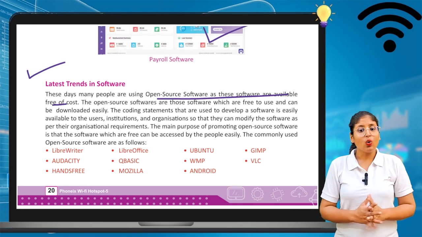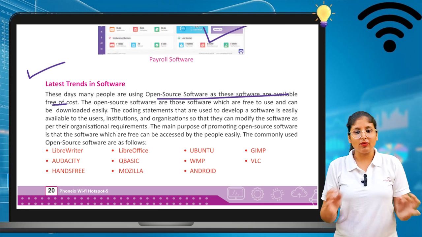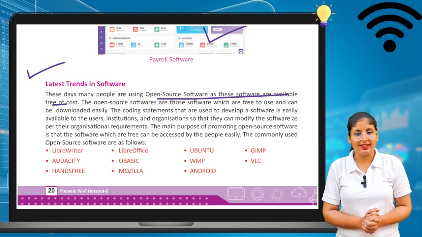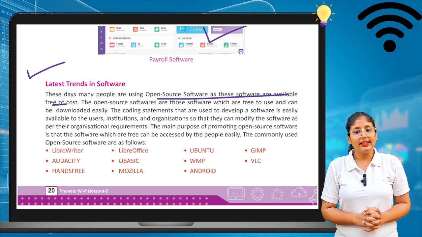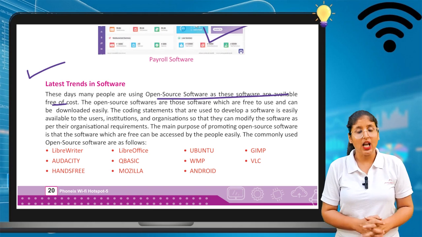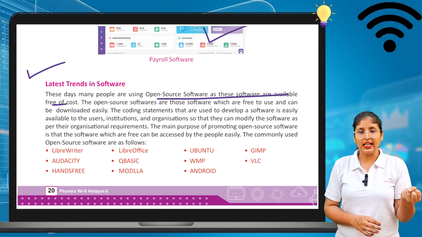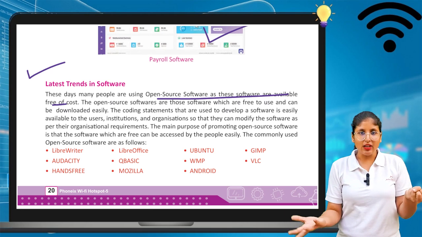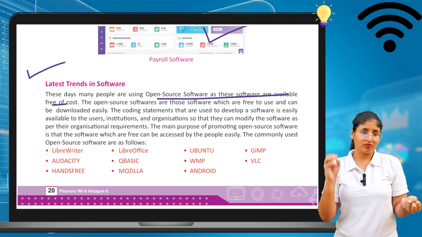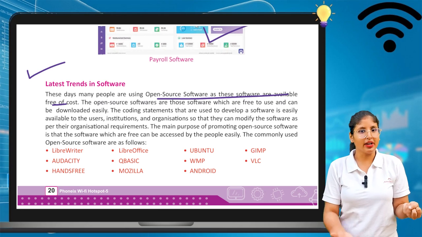The coding statements used to develop the software are easily available to users, institutions and organizations, so they can modify the software as per their requirements. You do not have to pay, so the institution can modify that software according to their needs.